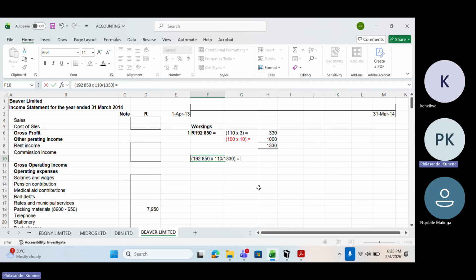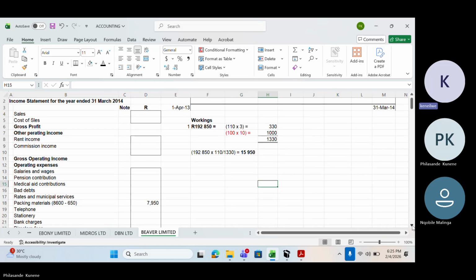The rent for April, how much is it? $15,950. Then what do I do with this 15,950? You're going to subtract it from the total rent.